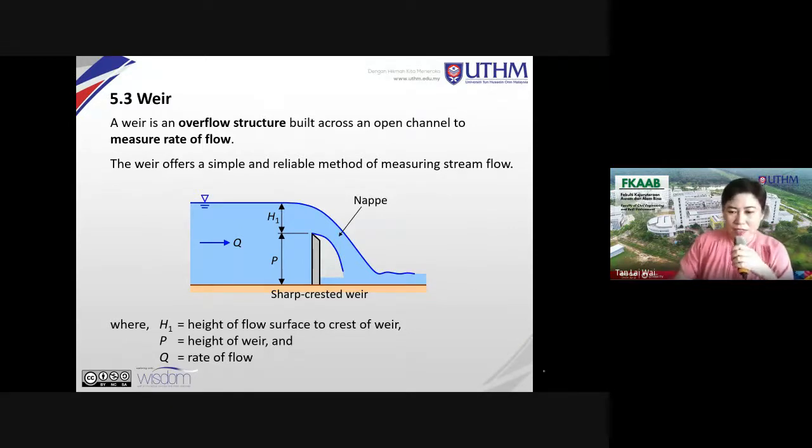Now let's look at the third topic. I'm just going to stop in the middle of weir because I don't want to go through too much in a day. So now a weir is actually an overflow structure built across an open channel to measure rate of flow. You have a river, right?